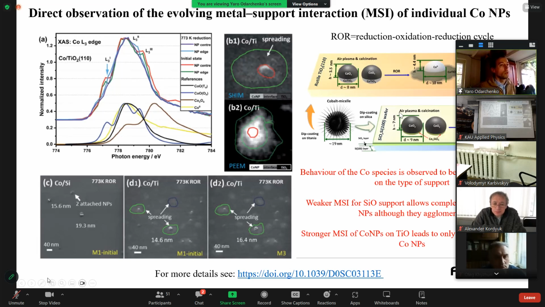And we could see already that the particles behave very differently after calcination and after we have done a redox cycle, which is reduction and oxidation, typically used to control and modify this catalyst, to regenerate them. Yeah, we could see the difference.